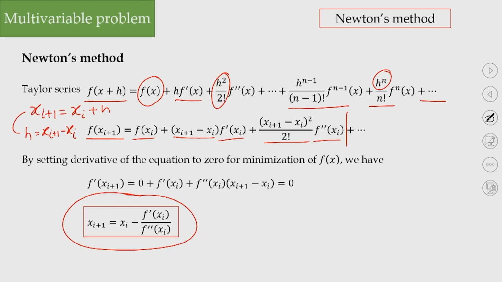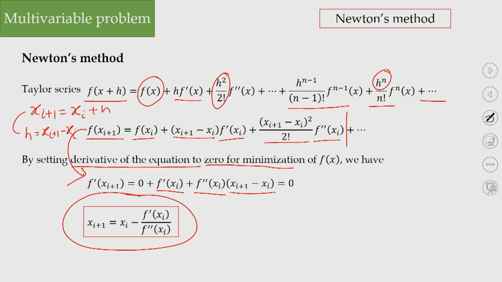If I apply the necessary condition, that means I will calculate the derivative and equate it to 0 for minimization of f x. So, if I take the derivative of this particular function, I am getting f dash x i plus 1 equal to 0 plus f dash x i plus f double dash x i times x i plus 1 minus x i.